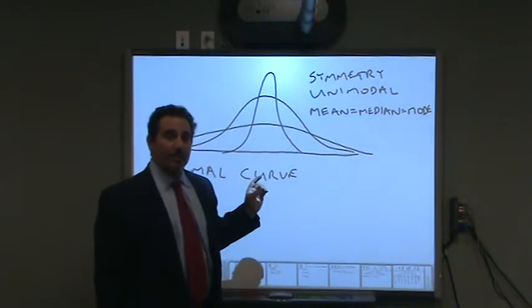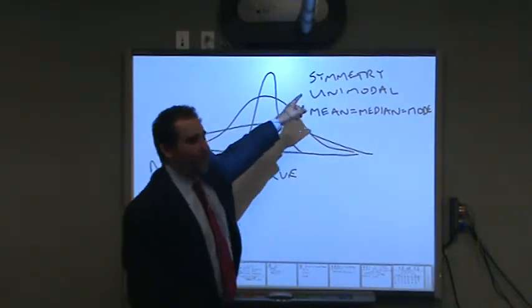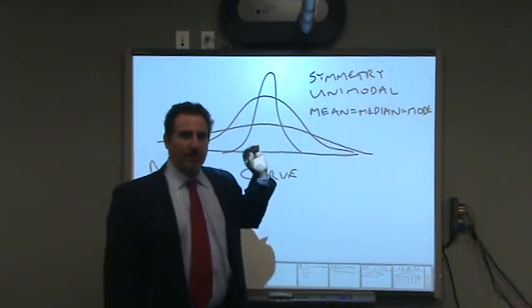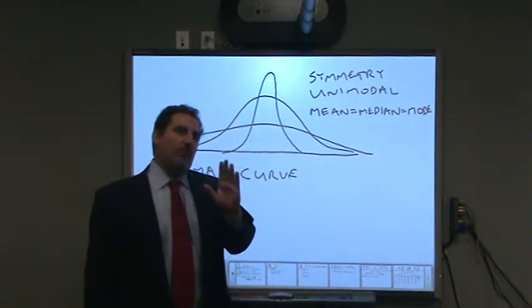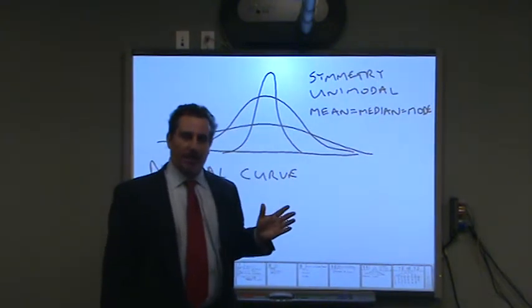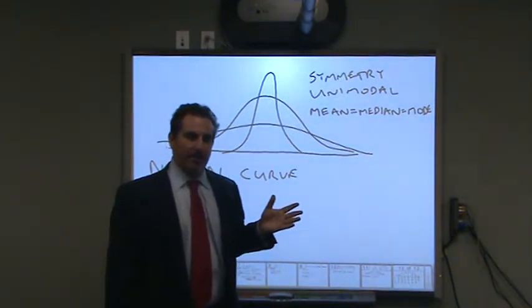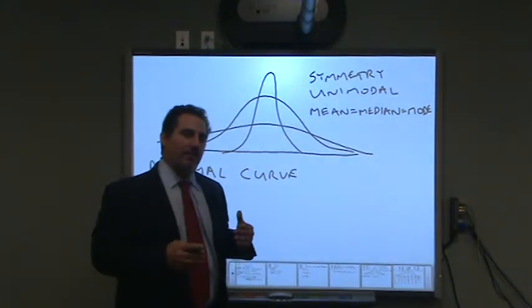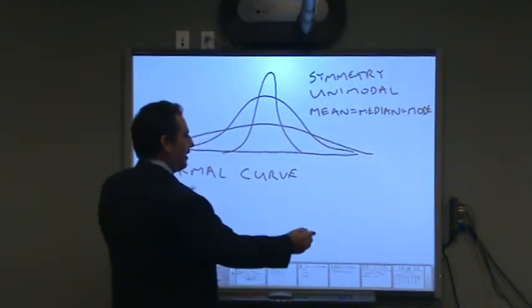Things to remember about the normal curve are they are symmetrical around the mean, they're unimodal, which means that they just have one most commonly occurring value. And I'll just interject right now, a bimodal curve would look like this.